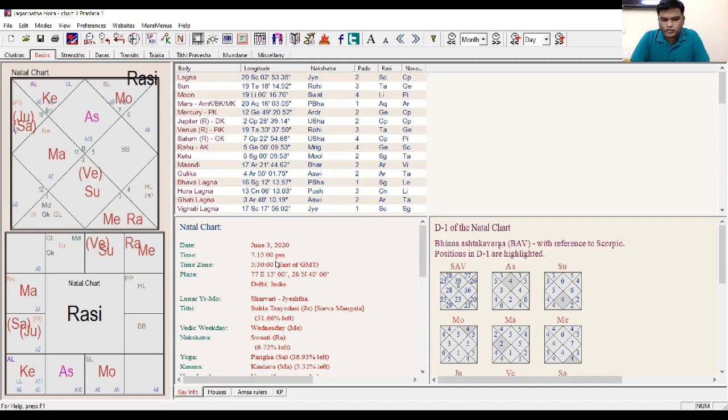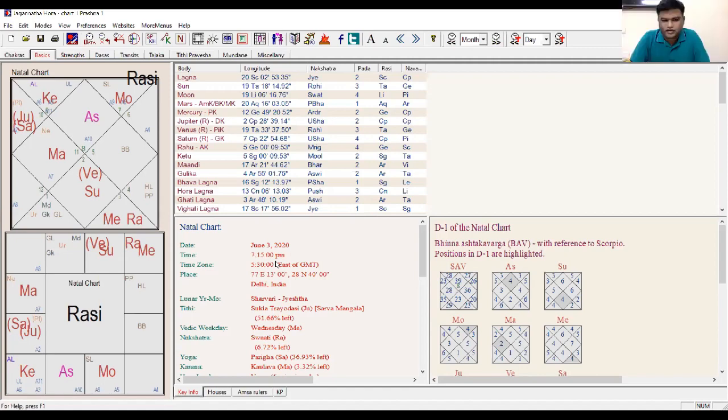Now, if you apply the same rule, like Aries, we are checking Aries, Leo, and Sagittarius. If you go in that same chart and check the Sun Ashtak Varga, in Aries, Leo, Sagittarius, out of these 3 signs, see which is having the maximum number, and come back to the Prashna chart.